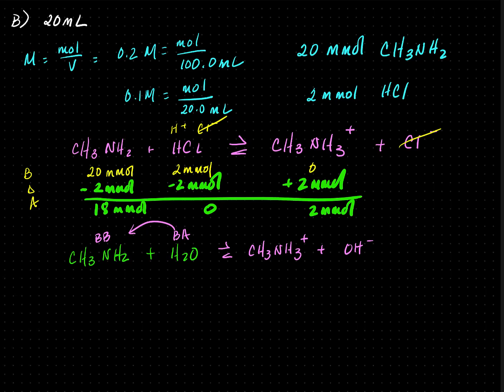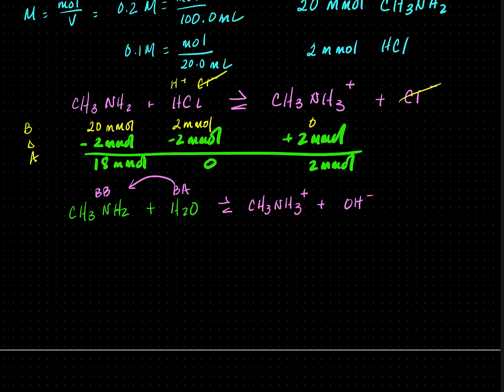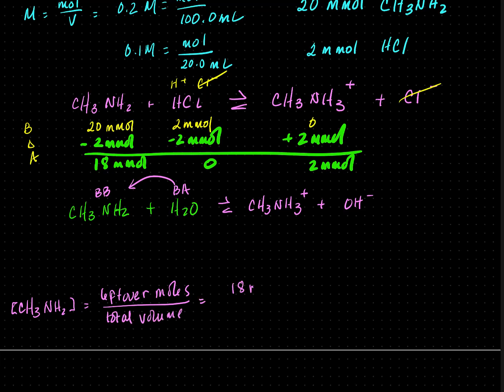When I do an ice table, I must be in molarity or concentration to find a new concentration. So the new concentration of the base, CH3NH2, is going to be the leftover moles over the total volume because it's additive. So the total moles is 18 millimoles.